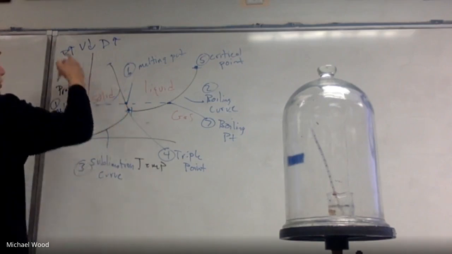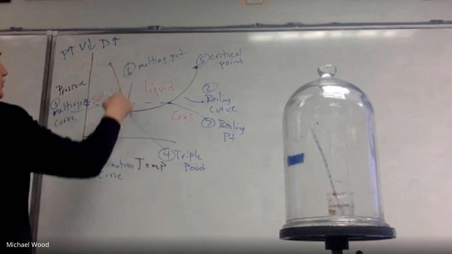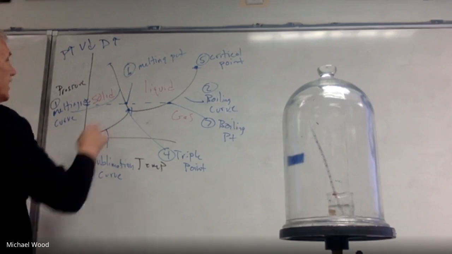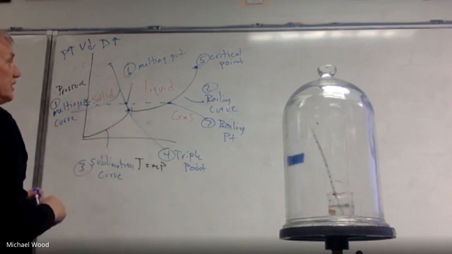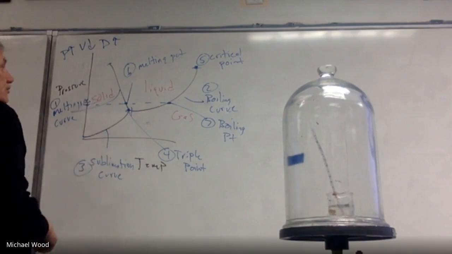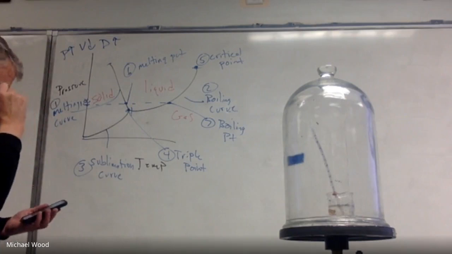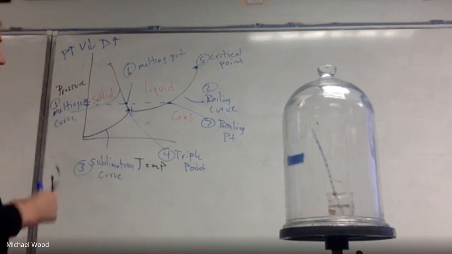As the pressure goes up, the volume goes down, so the density goes up. And that's actually why water has a density where the liquid actually floats on the solid. But anyways, those are key things on the graph.